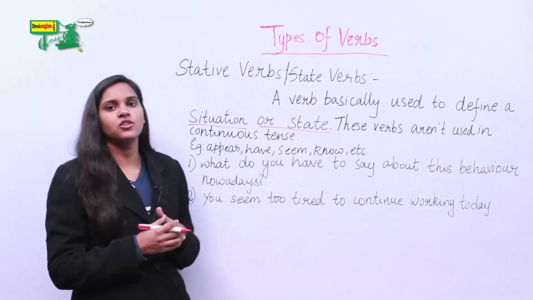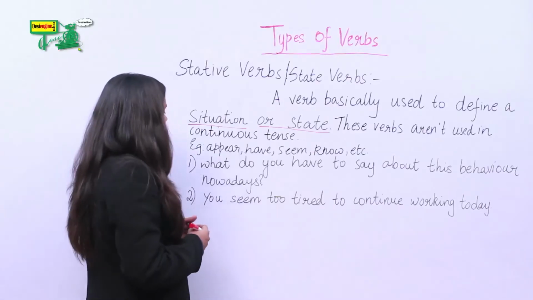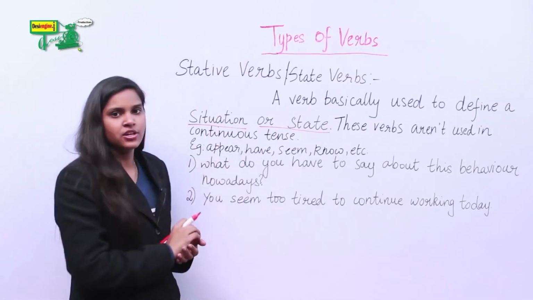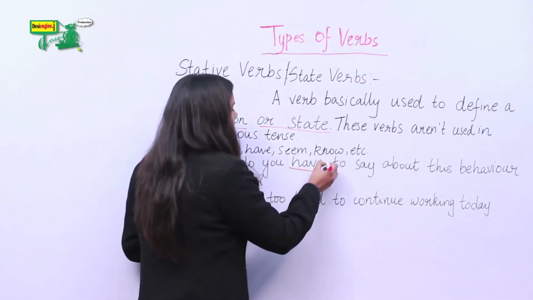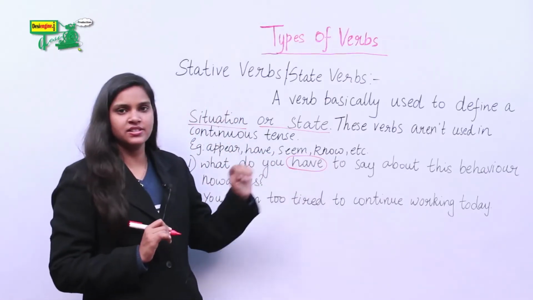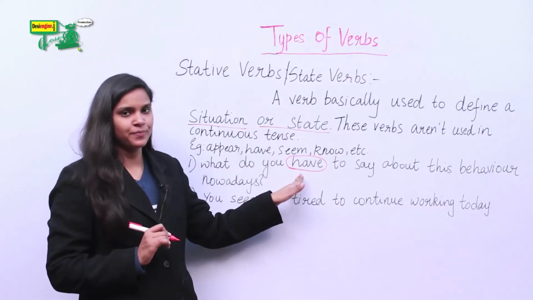So let's take a look at a few examples and find out stative verbs. What do you have to say about this behavior nowadays? Here, the verb have represents a fixed state. Therefore, this becomes our stative verb.